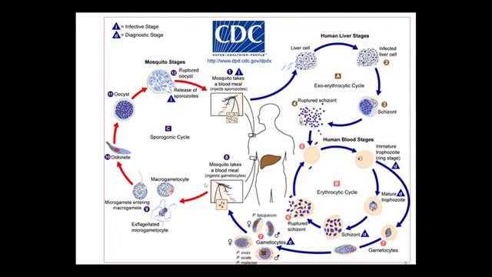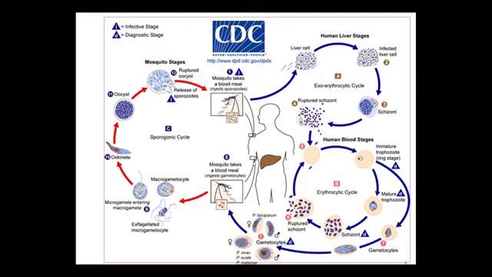Then the flagellated microgametocyte fuses with the macrogamete, and they go into the sporogonic or sexual cycle, which goes to oocyst and releases sporozoites into the mosquito's sucking apparatus. And so the mosquito takes a blood meal and injects sporozoites into a human.